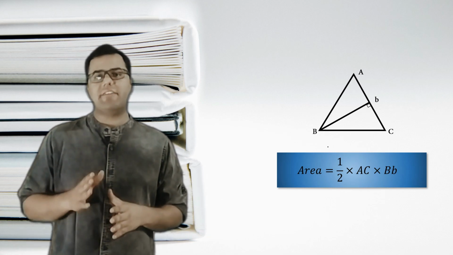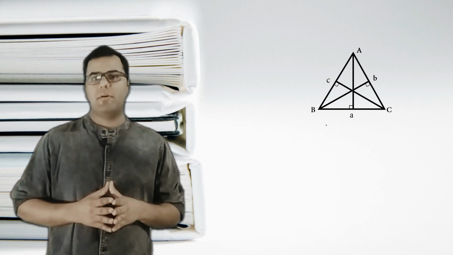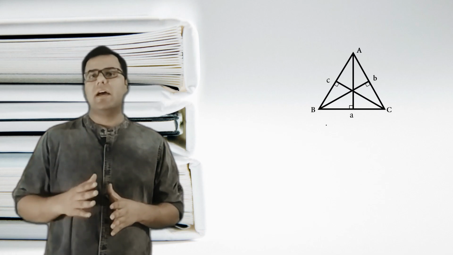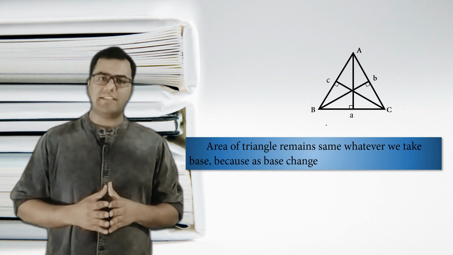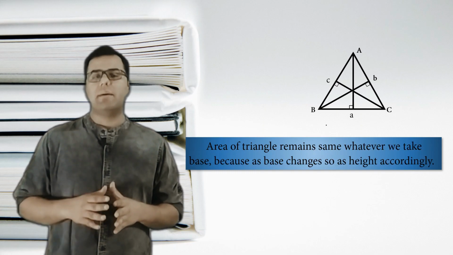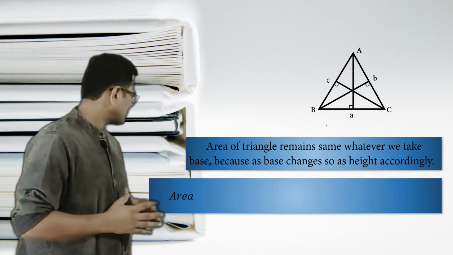You find three different areas from these three different formulas. In fact, these are not different, these are one and the same. The area of the triangle is the same. Whatever base you take, the area of a triangle does not change. When you change the base, the height also changes, but the area remains the same.